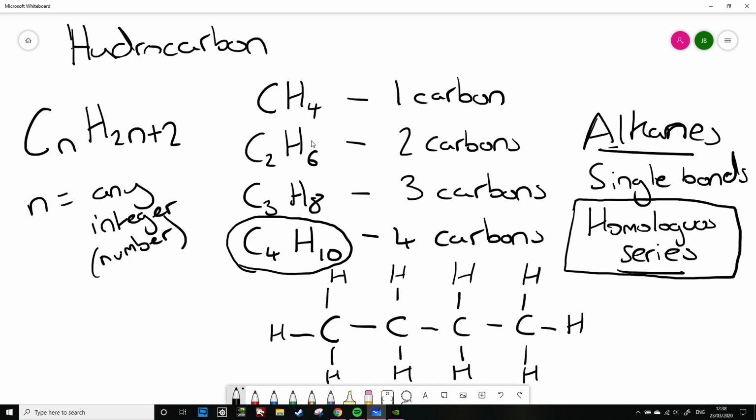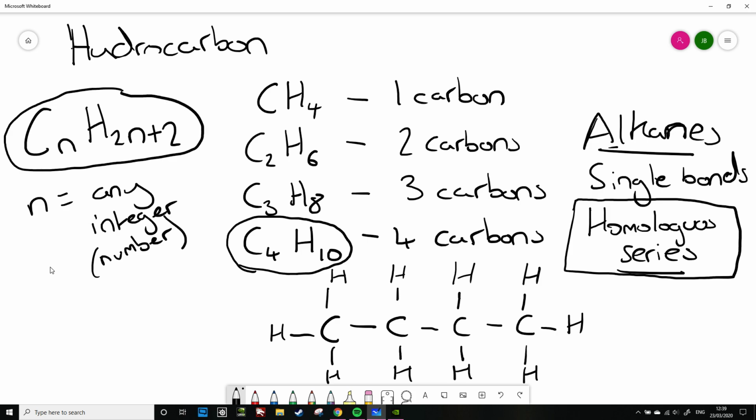So if we use this to help us out, we change n to a 2, so C2 and H2 times 2 plus 2 equals 6. It fits. We'll do it with 3 this time. We'll put a 3 here and a 3 here. 2 times 3 gives us 6 plus 2, 8. It fits. So this is what we call a general formula, and it fits the pattern for every single alkane.